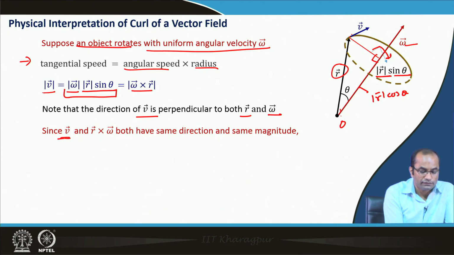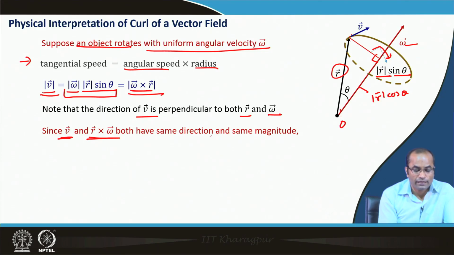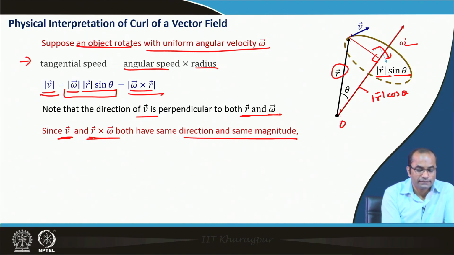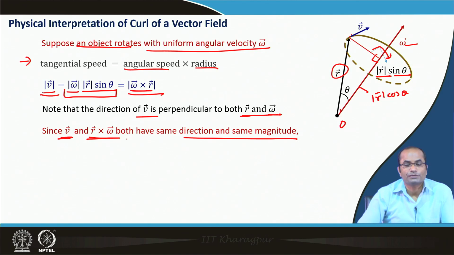Since this v, the linear velocity or tangential velocity, and this omega cross r, which we have just observed, have the same magnitudes, and both have the same direction, because the direction of v is perpendicular to both r and omega, that means v and omega cross r are the same, because they have the same direction and the same magnitude.